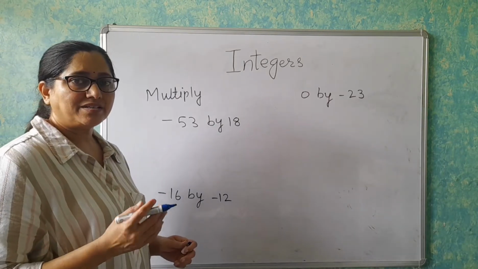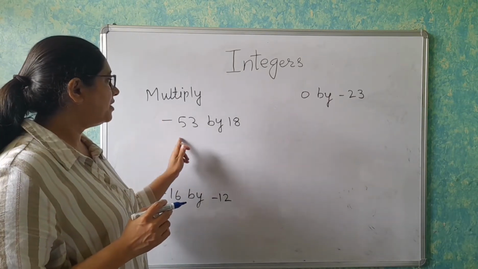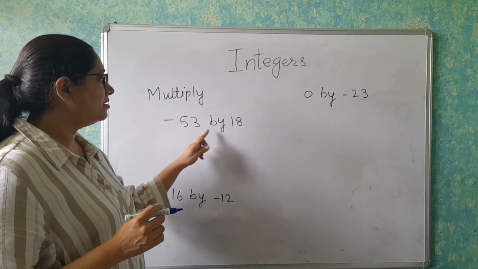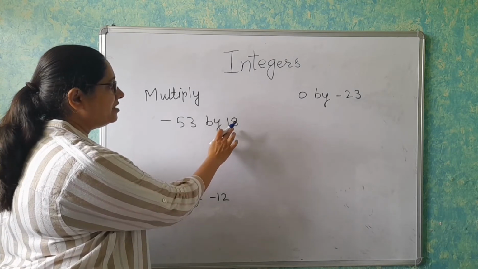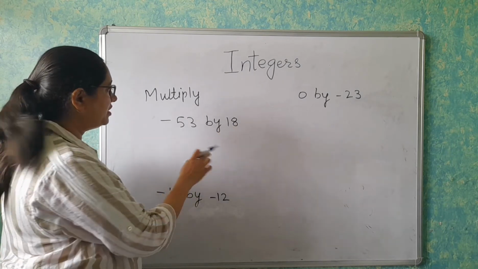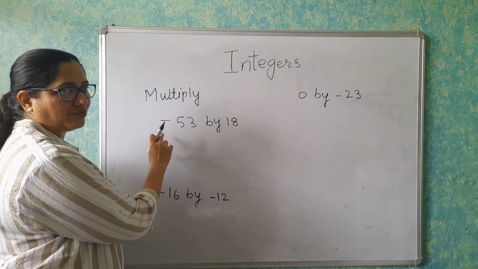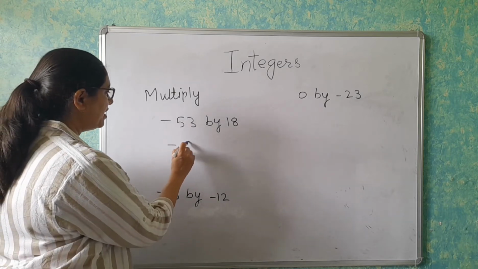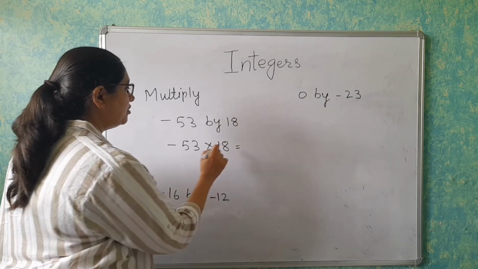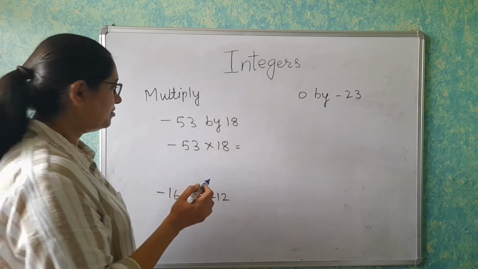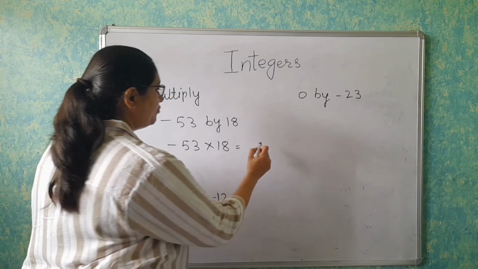In our second exercise, we have to multiply minus 53 multiplied by 18. There is no sign on 18, so we can assume it as a positive integer. 53 has a negative sign. So we just have to write minus 53 multiplied by 18. Now you have to do the multiplication part. 8 threes are 24.